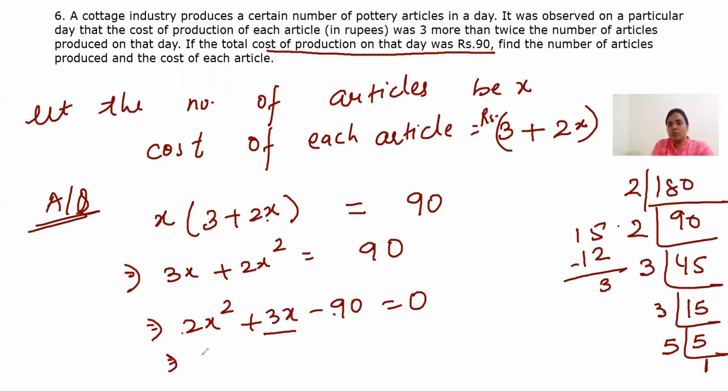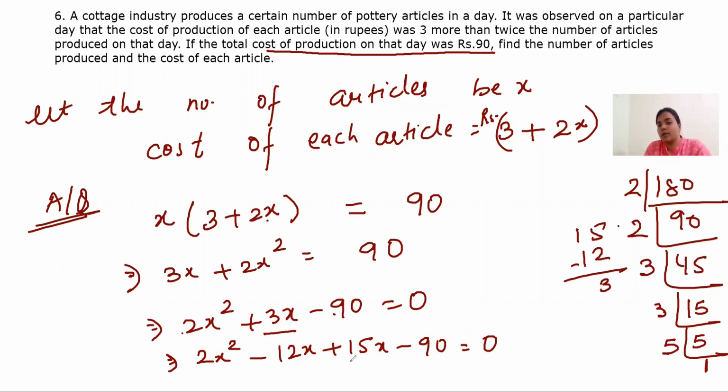So this implies 2x square plus 12x minus 15. No, if I take plus 12x minus 15x, I'll get the answer as minus 3x. So I'll take minus 12x plus 15x minus 90 is equal to 0. Because when we add or subtract the algebraic expressions, the sign that we take is of the greater number.